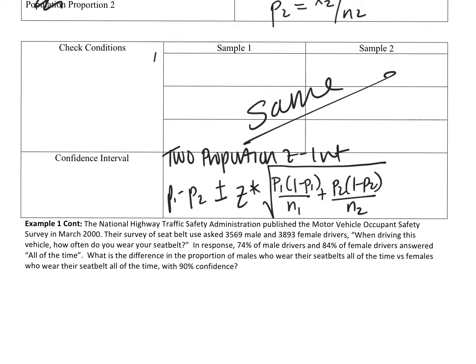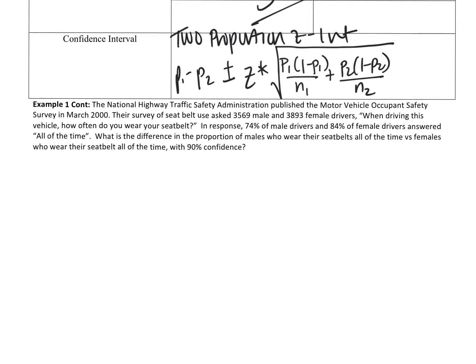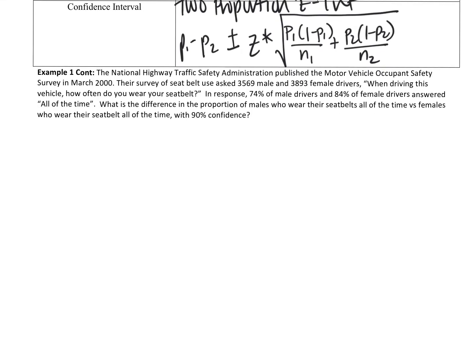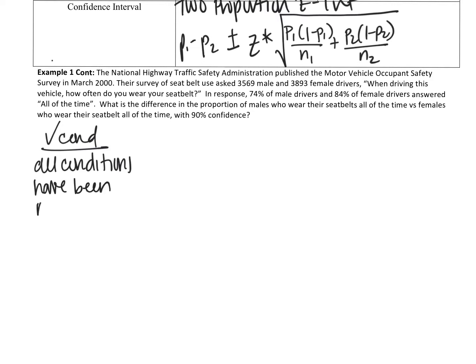And there's our formula. All right, so now I want to find a confidence interval with 90% confidence for the test I just ran. Of course, we have to check our conditions, but we already did on the last page, and I'm not rewriting them, so I can say all conditions have been met and have not changed.